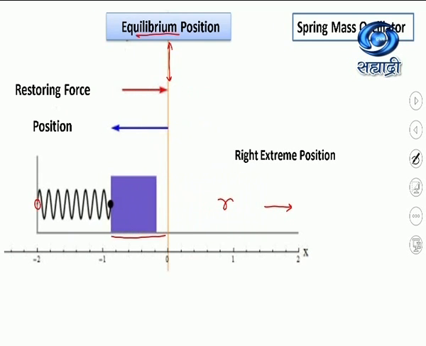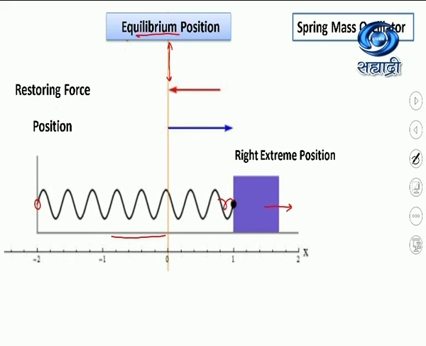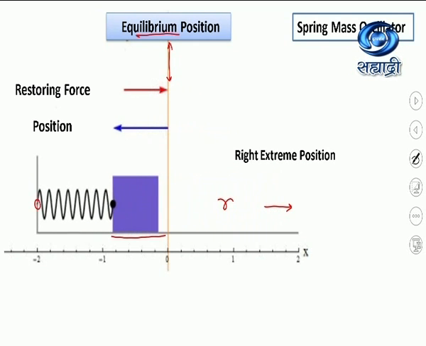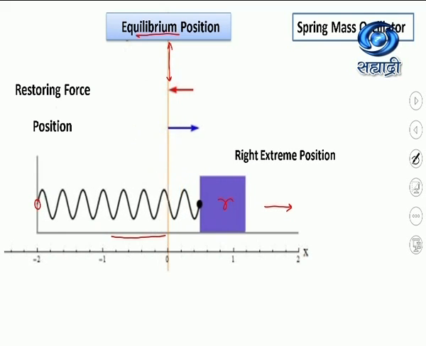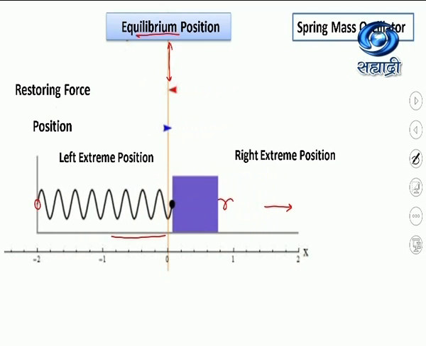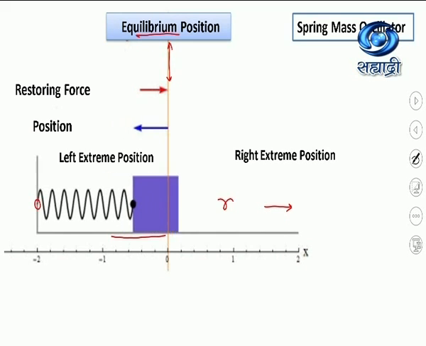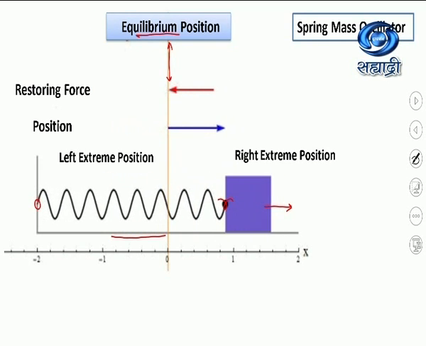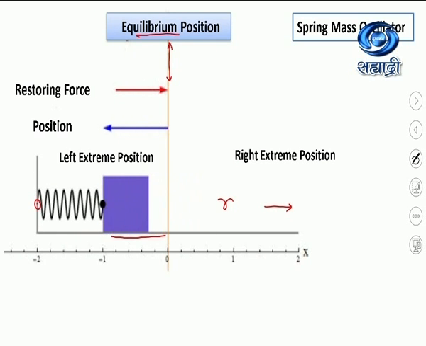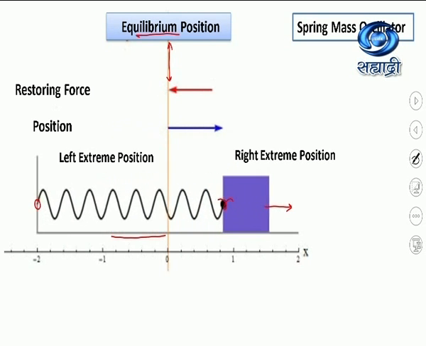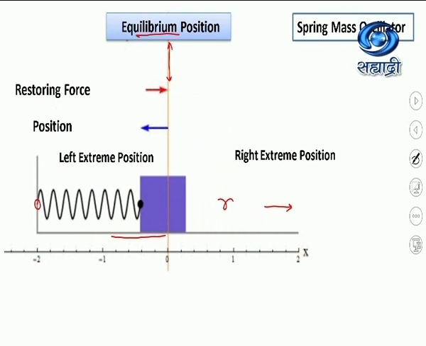So after reaching the equilibrium position, the block doesn't stay there. Instead of that, it moves to the left hand side, and that left hand side is called the left extreme position. So the block performs simple harmonic motion about the equilibrium position.